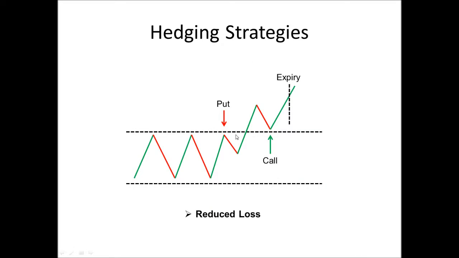In this hedging strategy, we've placed a put on resistance. Price has then broken that resistance, and we know more often than not that when resistance is broken, it can become support, and when support is broken, it can become resistance. The whole ceilings become floors, floors become ceilings concept.